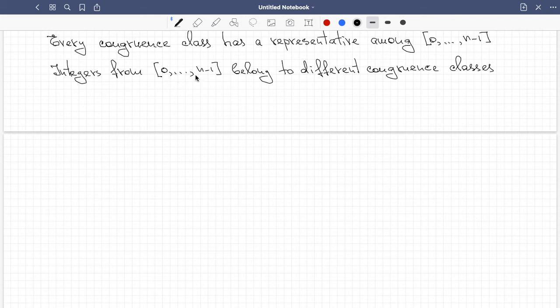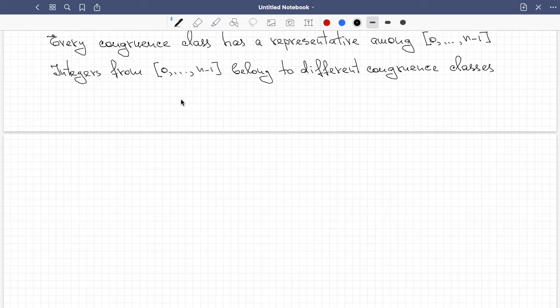The difference between any two numbers in this interval: the biggest possible difference is n minus 1 minus 0, which is n minus 1. So the difference between any of them is smaller or equal to n minus 1, smaller than n, and cannot be divisible by n.